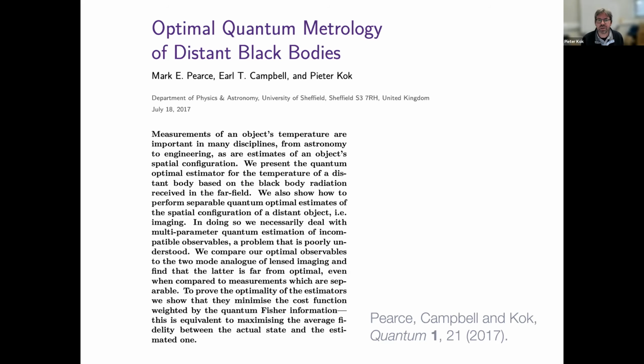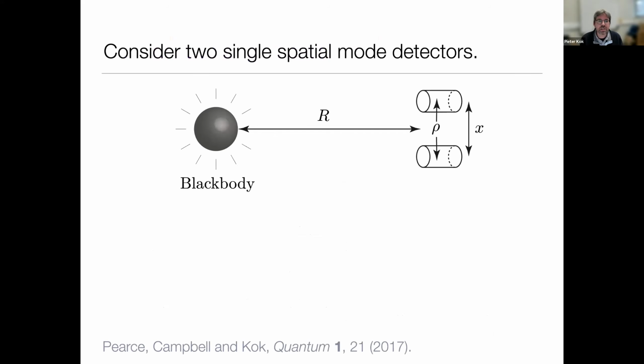And usually it's going to be thermal light. So we wanted to know what is the best way that you can measure and therefore image distant black bodies. This is work that was done with my first PhD student and then postdoc Mark Pearce and my colleague Earl Campbell.